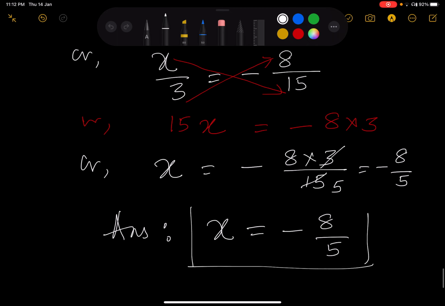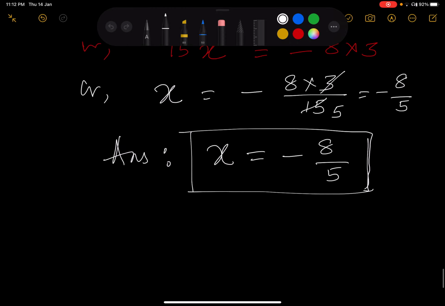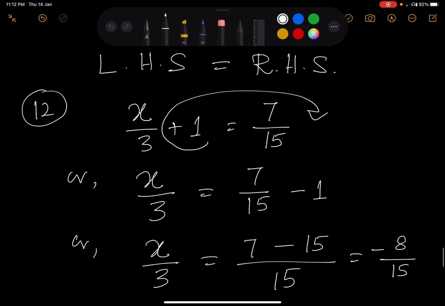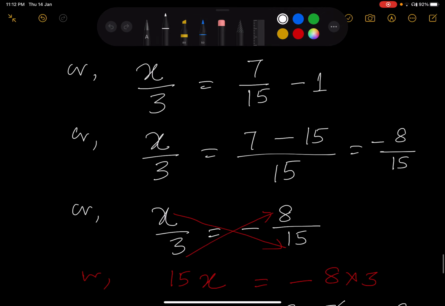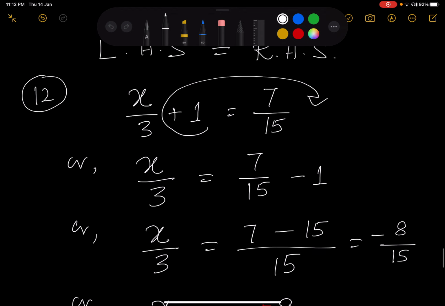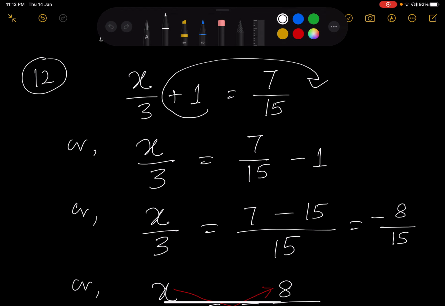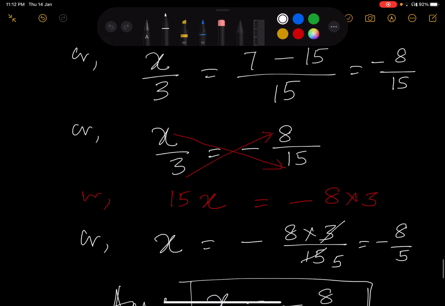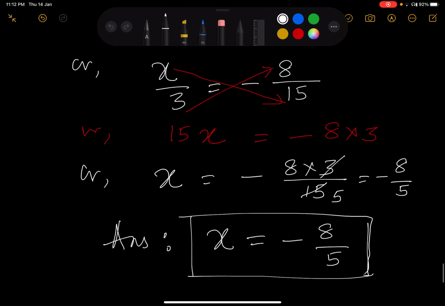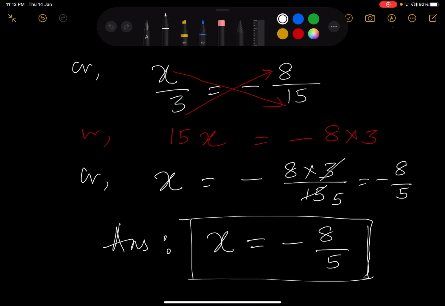Always remember that if you are learning algebra and solving linear problems, it is better that you know the tables, that is, the common factors. The tables you should know by heart from your childhood days. 1 to 20 tables you should know by heart, so that as soon as you see the numbers you can find out the common factors, like here 3 and 15.